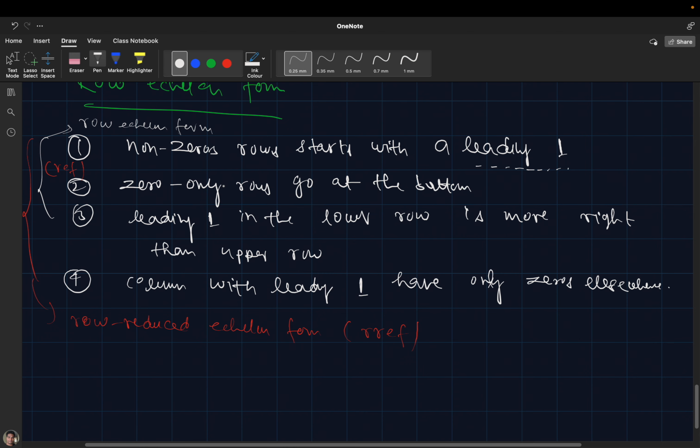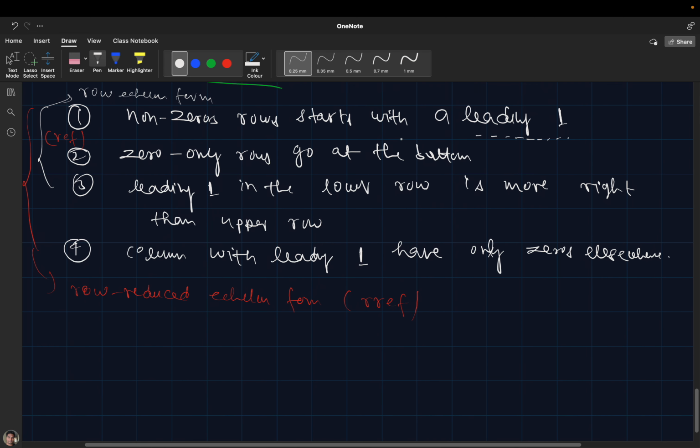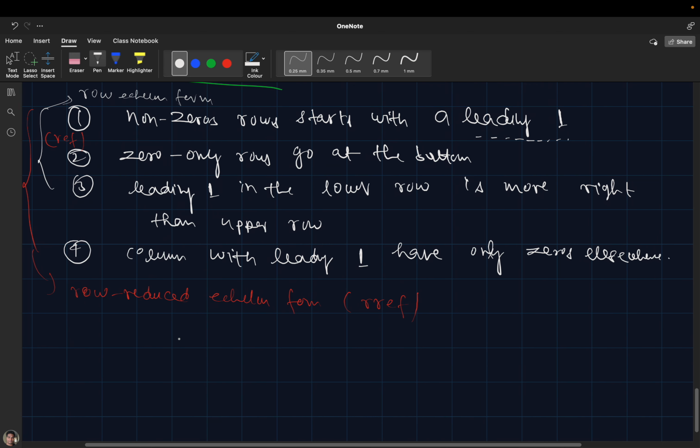First it is saying non-zero rows start with a leading one, which means that if you have a row that has non-zero elements, meaning not every element is zero, then it should start from 1.